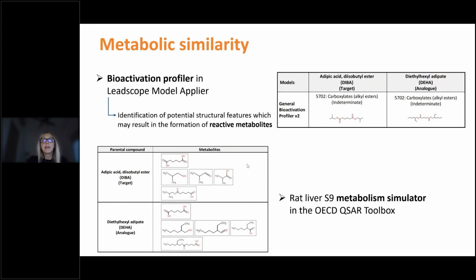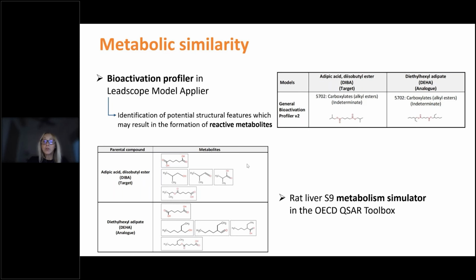Metabolic similarity can, of course, be addressed by means of literature review, by collecting evidence and information when this is documented in the literature, but it can also be supported by in silico methods. For example, by using ad hoc profilers, like the bioactivation profiler that is implemented in the LeadScope Model Applier, that is designed to identify potential structural features which may result in the formation of reactive metabolites.